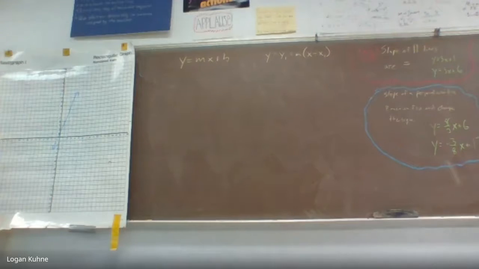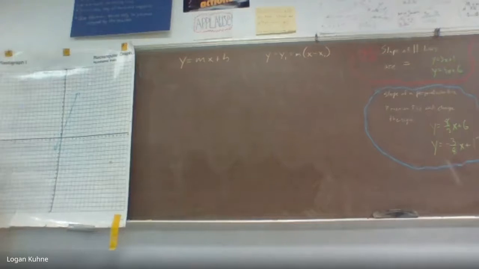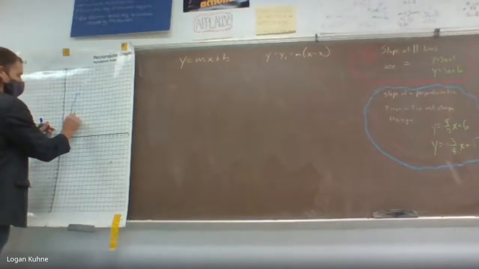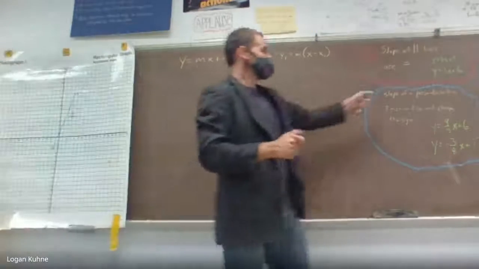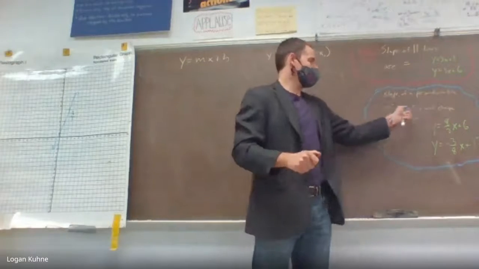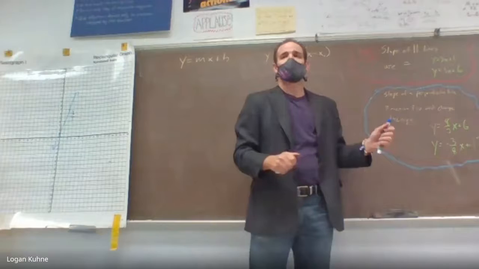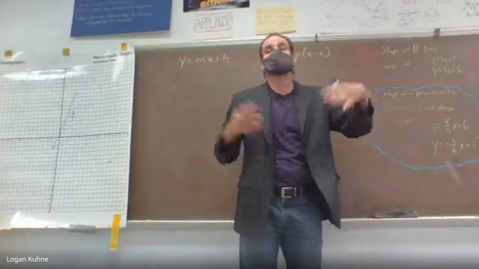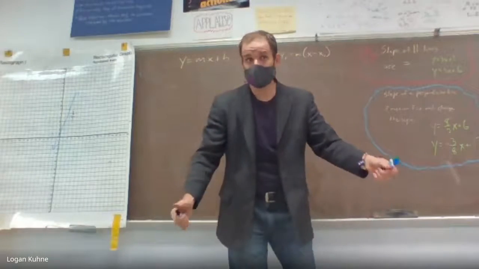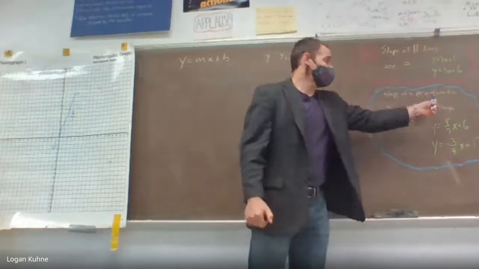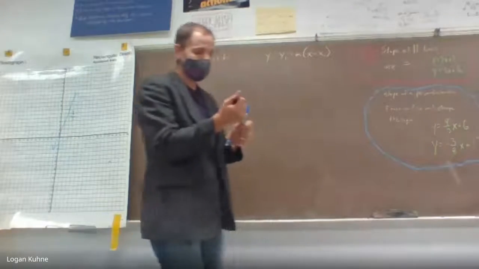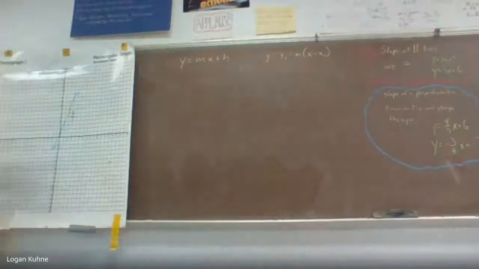What's the slope of the line they gave us? 3/1, good. Say it with me, ready? Slope of a perpendicular line, fraction flip and change the sign. Okay, it is kind of catchy.